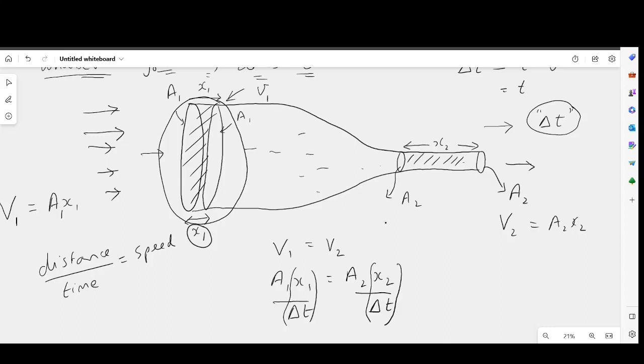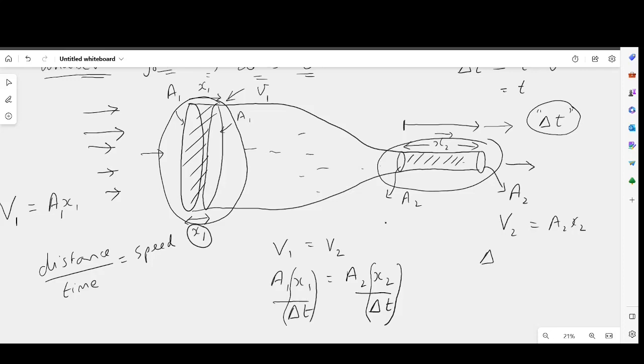So v1 is the velocity with which the water is moving forward at the inlet. And what is x2 by delta t? x2 is this distance from this starting point to this end point. So distance is x2, the time taken is delta t, and hence the speed with which the water flows in this section is nothing but x2 by delta t.